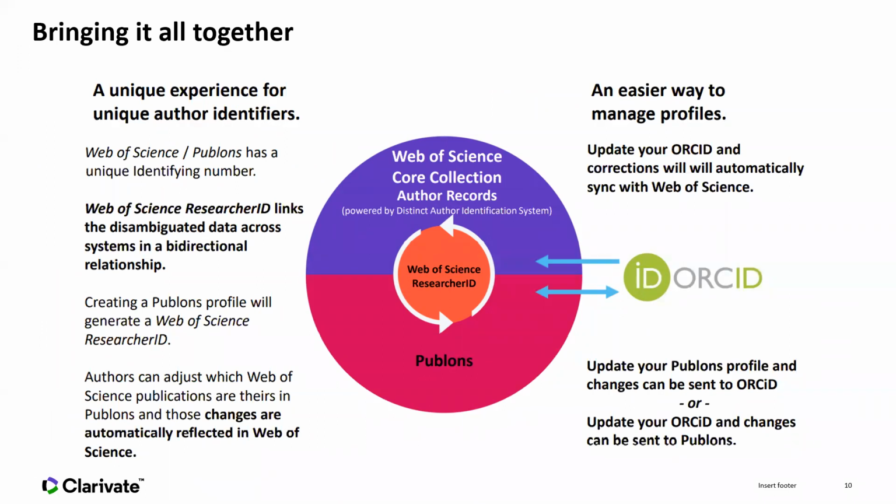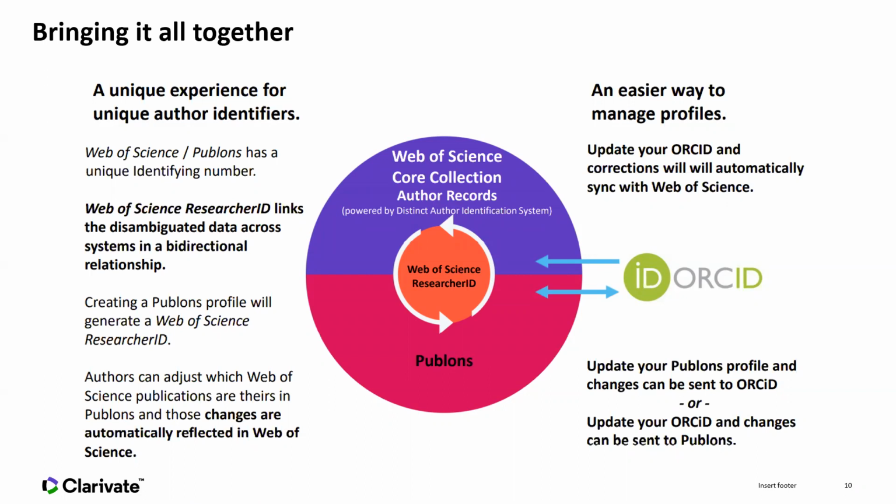This will bring a unique experience for unique author identifiers, because your Web of Science Researcher ID, or Publons ID, has a unique ID number, and it helps you to disambiguate data across systems in a bidirectional relationship. In other words, you can import into ORCID or you can import from ORCID.